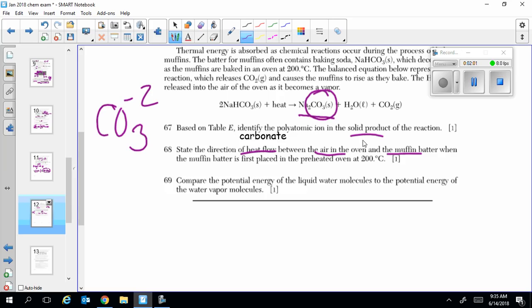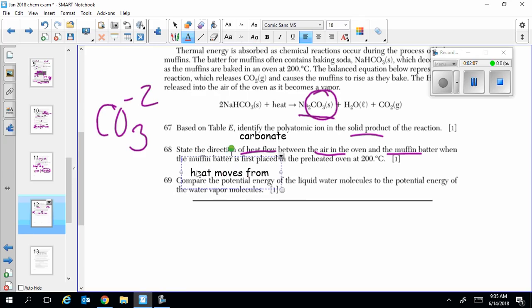So the heat travels, heat moves from the air in the oven to the muffin batter. Man, these are making me hungry, these problems. All right, so you've got heat always moving from where it's hot to where it's cooler. The batter is much colder than the oven, so I've got to show the direction, and I write it exactly like this to make it point-worthy.